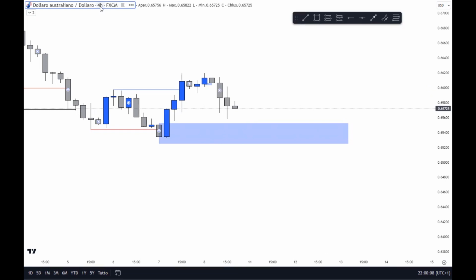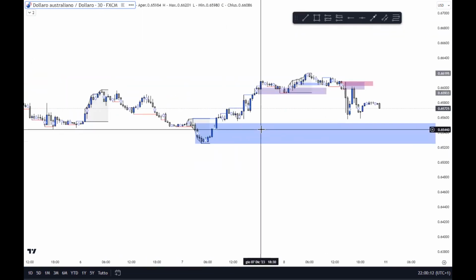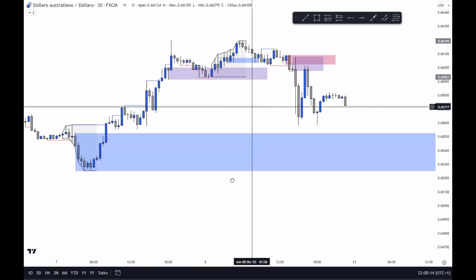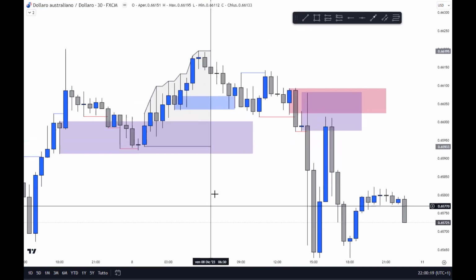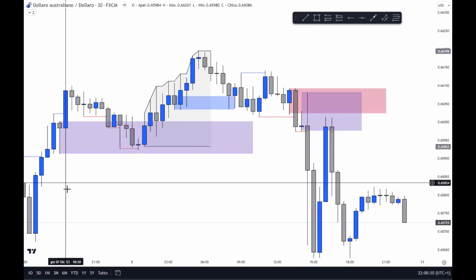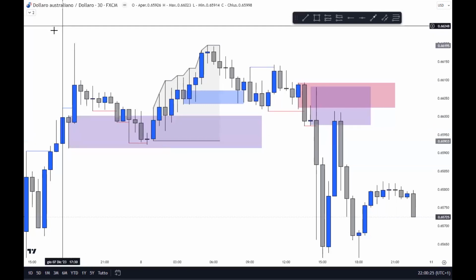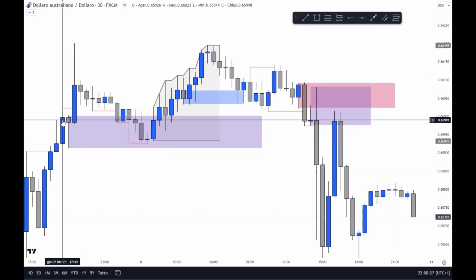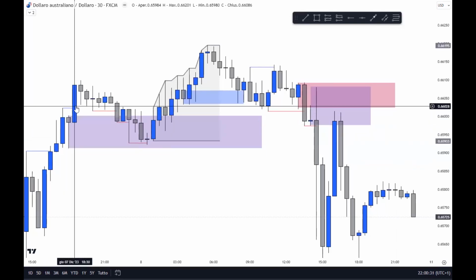Going down to the 30-minute time frame, in the morning, we are here, right, guys? We just wake up in the morning and look here. We have the last breakout structure up.